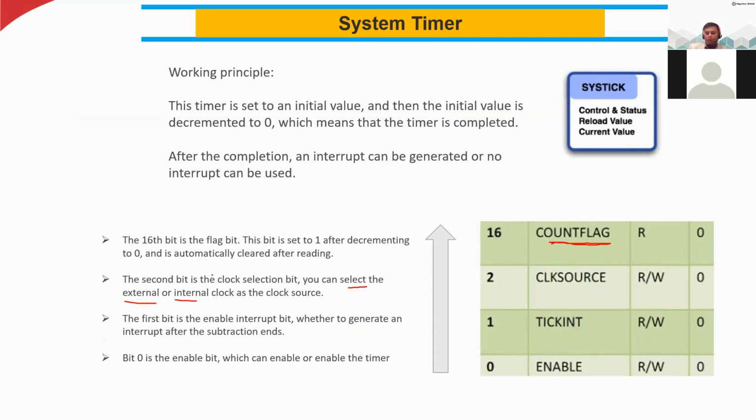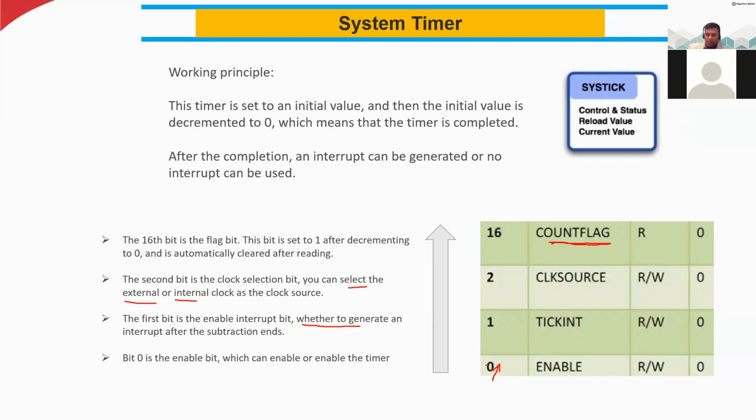Remember, you have the internal clock, and also you have the external clock in the microcontroller. The first bit is the enable interrupt bit, which decides whether to generate an interrupt after the counting ends. So this is the enable bit.